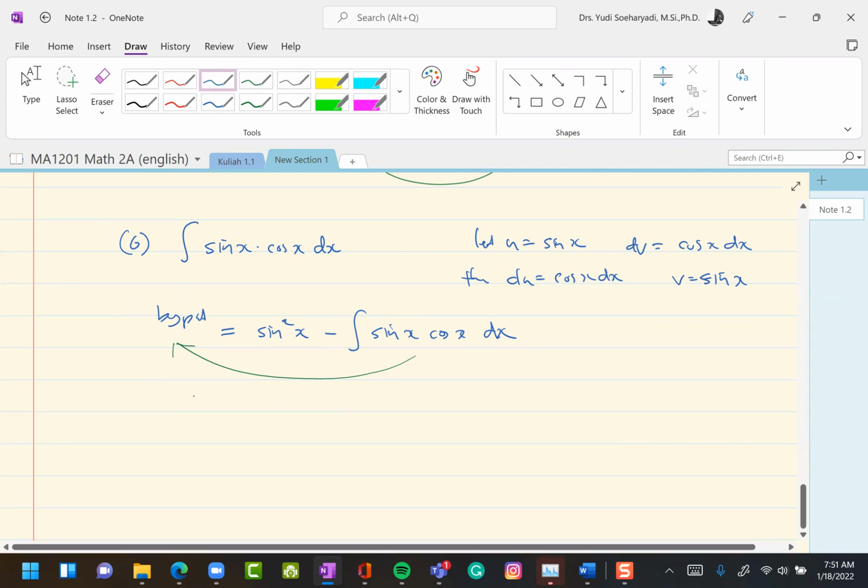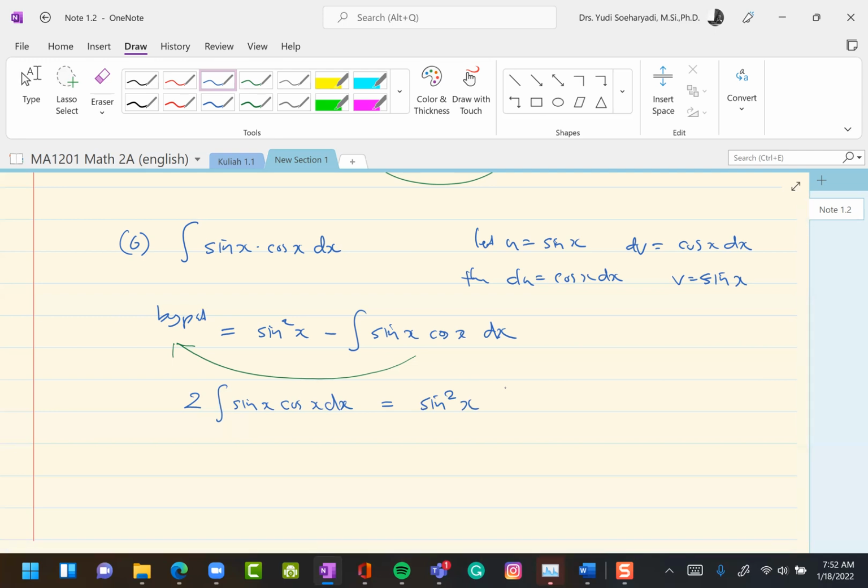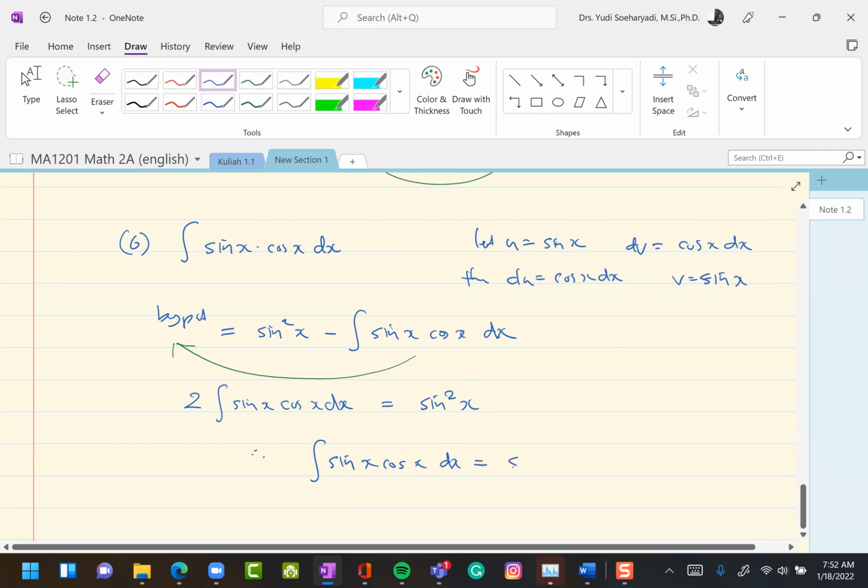If you move this to the right-hand side, you get two of them. So this equals just 1/2 times A plus C.